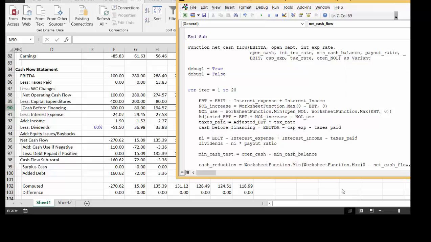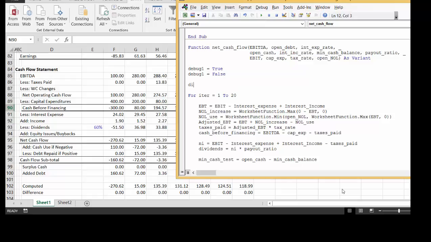And then the next thing we can do is dimension output. Output is not a special name, of course. And I'm going to have 1 row and 2 columns. And we'll put it as single.